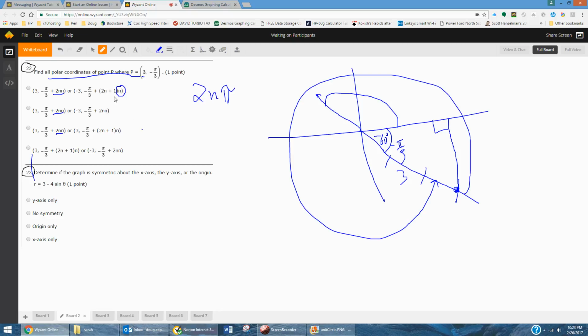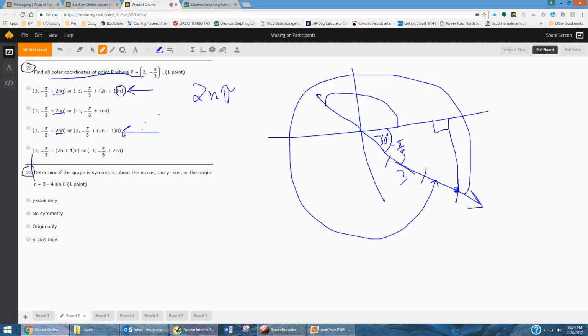But if we go 2n plus 1 pi, we'll go once around and then halfway around, and we'll end up in the opposite direction from this angle, but then we go in the negative direction. So the one that works is, I'm going to pause the video because I was having trouble seeing the difference between these two, but we need 2n plus 1.